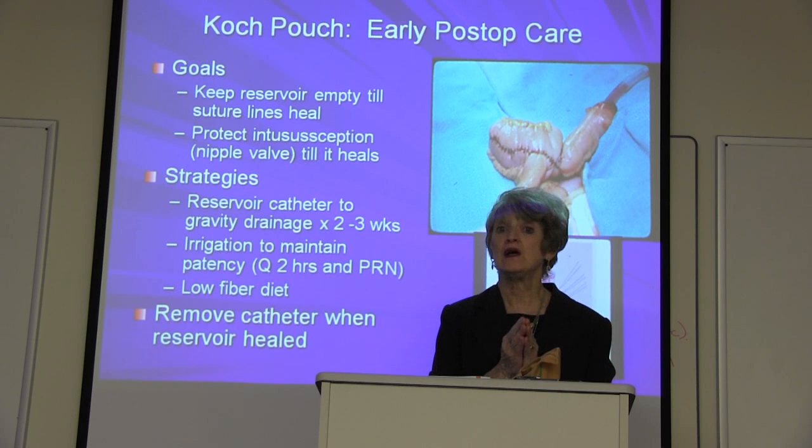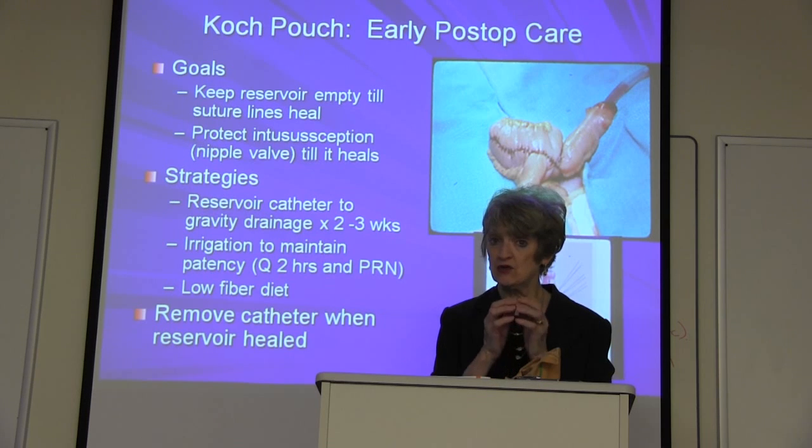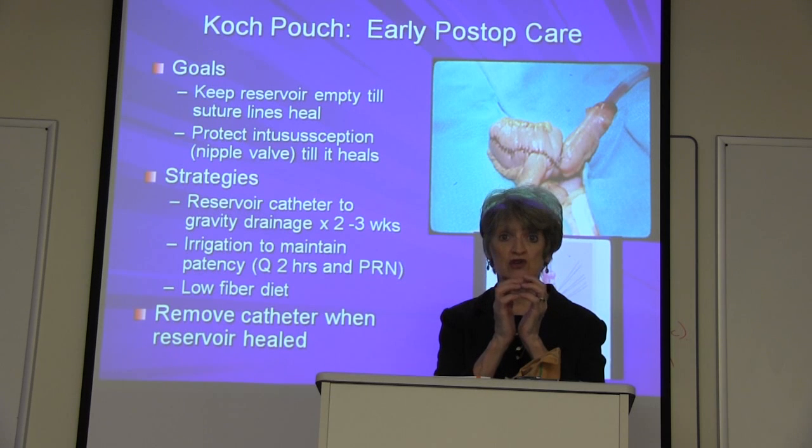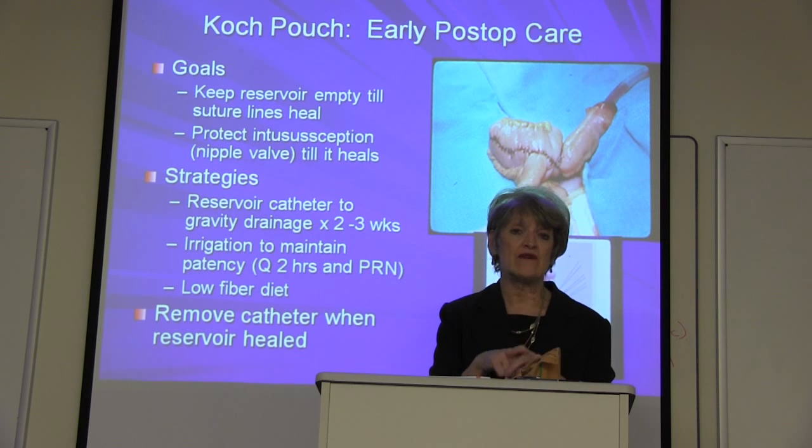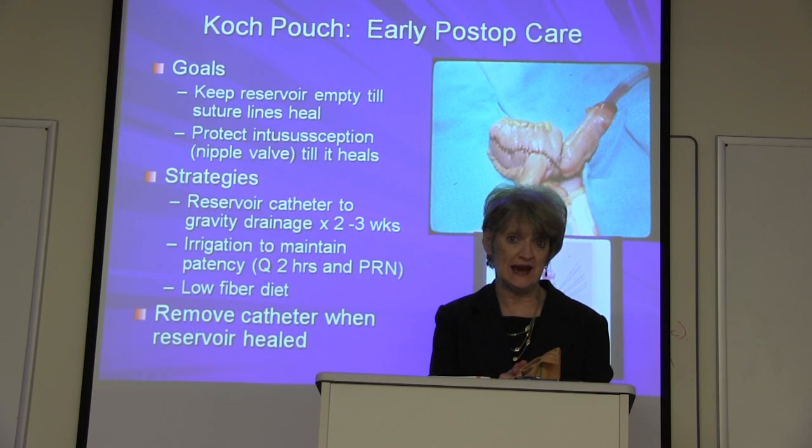Now at this point, the reservoir has healed, and it's okay for that reservoir to begin to stretch. So we want to stretch it a little bit at a time. We don't want to overstretch it at any one time. So let's say we pull the reservoir catheter, bring the patient into the office, pull the reservoir catheter at 8 a.m. Teach the patient how to do in and out catheterization. We're going to send them home with a schedule.